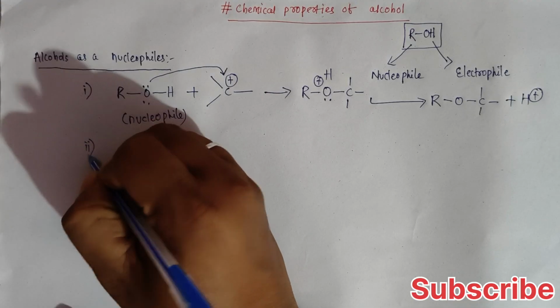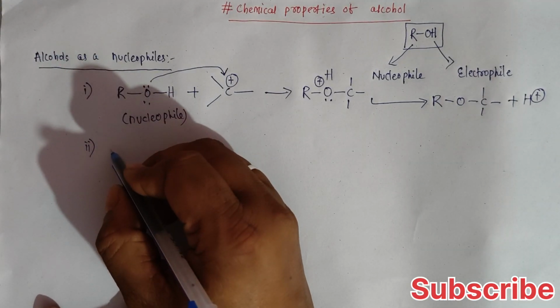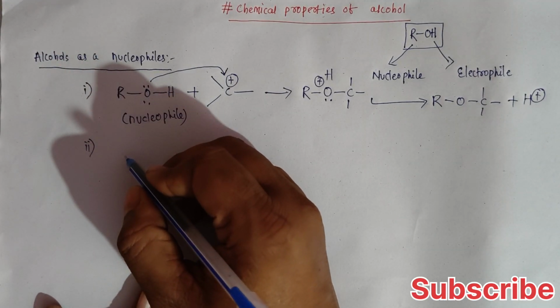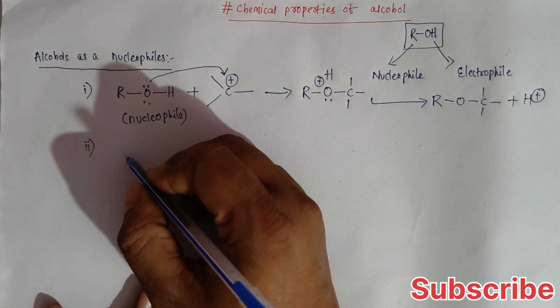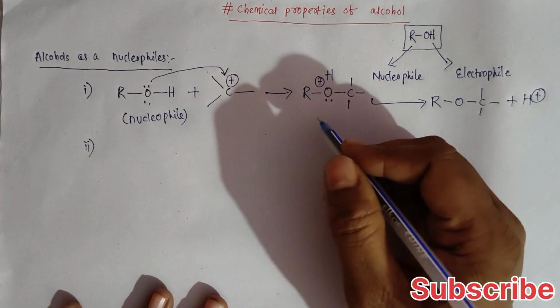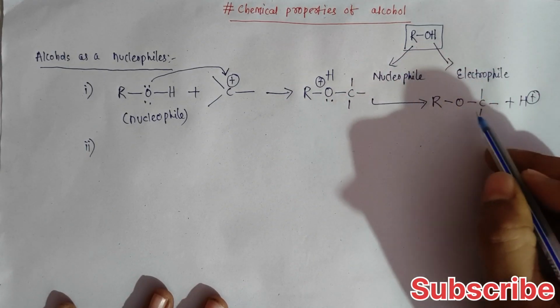Now, part two: protonated alcohols. Here there is a C-O bond.